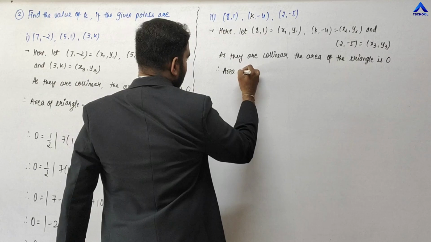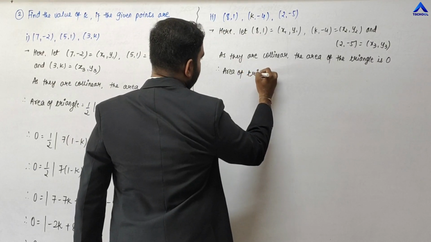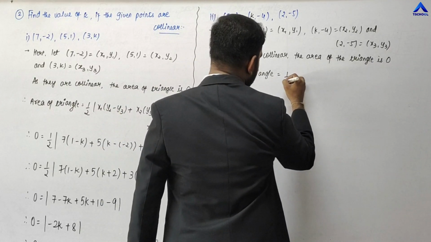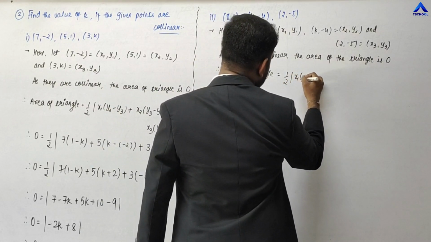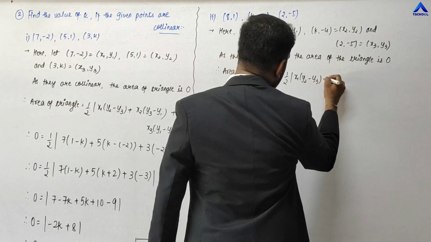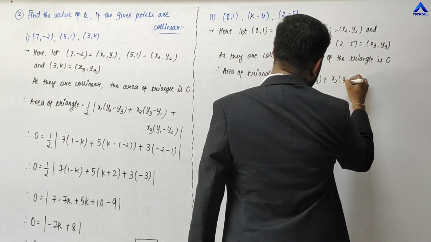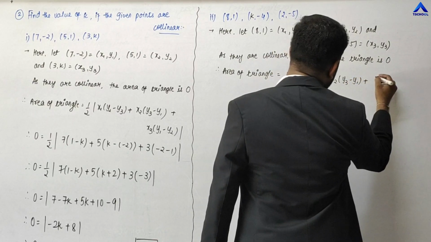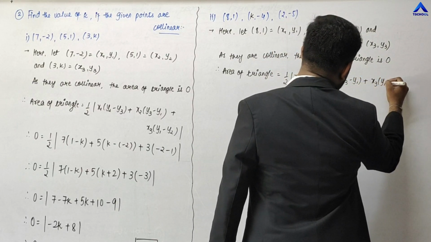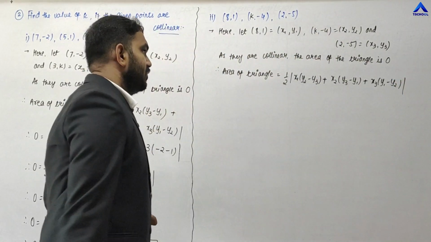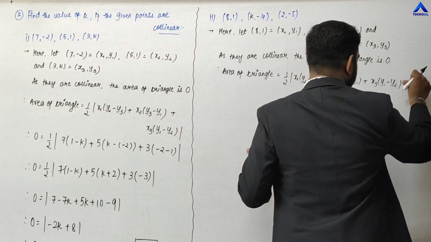So area of triangle is equal to half modulus x1 into y2 minus y3 plus x2 into y3 minus y1 plus x3 into y1 minus y2. So we got this here.